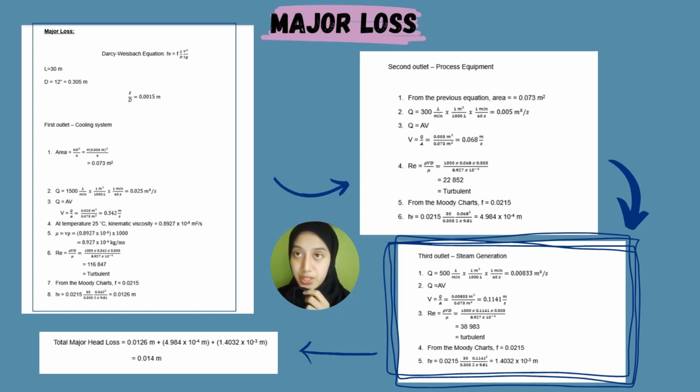Using the Darcy-Weisbach equation, for the first outlet we get a major head loss of 0.0126. For the second outlet we get 4.984 times 10 to the power of negative 4 meters, and for the third outlet we get 1.4032 times 10 to the power of negative 3 meters. For the total major head loss we get 0.0114 meters.